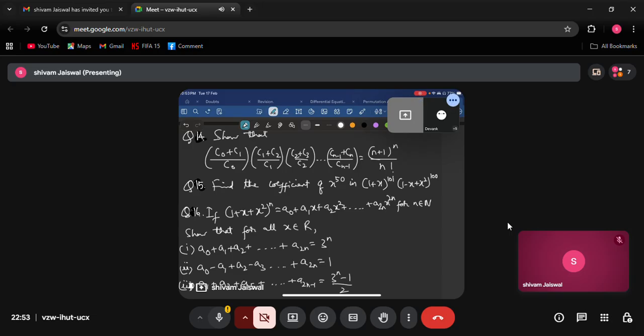Sir, actually, I was solving every step like nC0 plus nC1 by nC0. Then I am getting a pattern: 1 plus n by 1 into 1 plus n by 2 into 1 plus n by 3. Like that I got. I was simplifying: C0 by C0 plus C1 by C0 equals 1 plus C1 by C0.